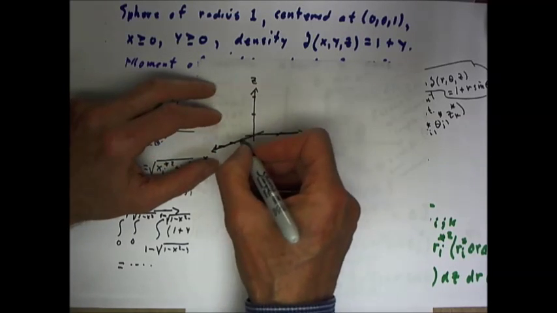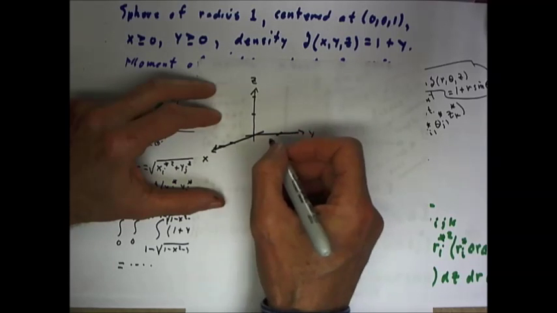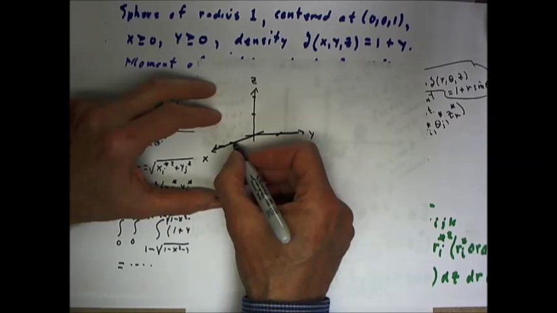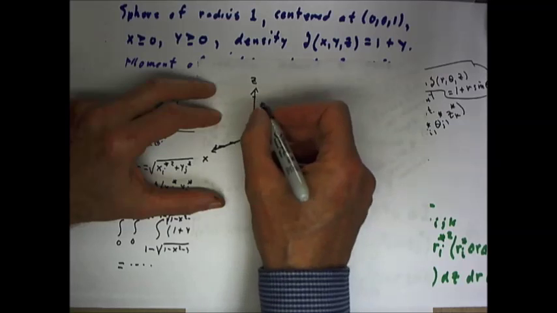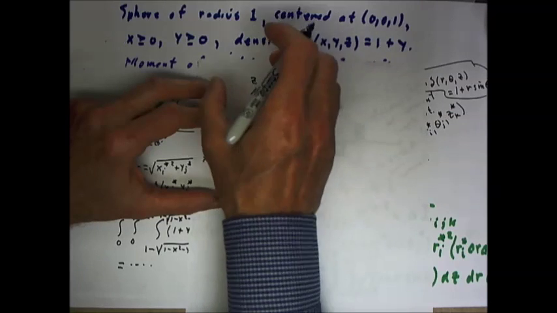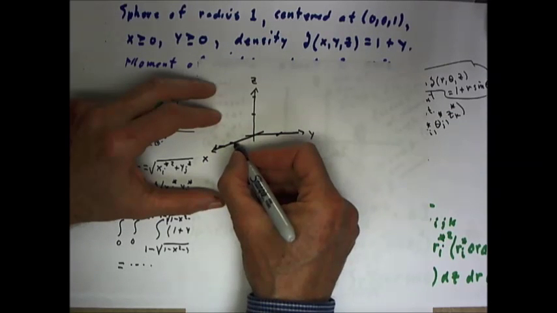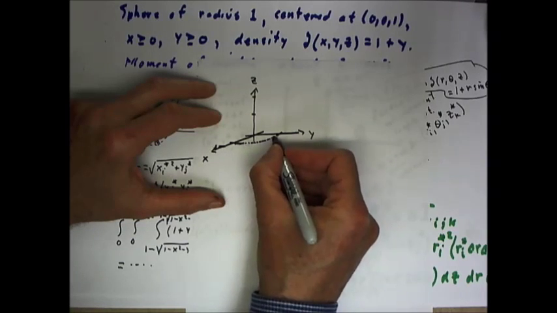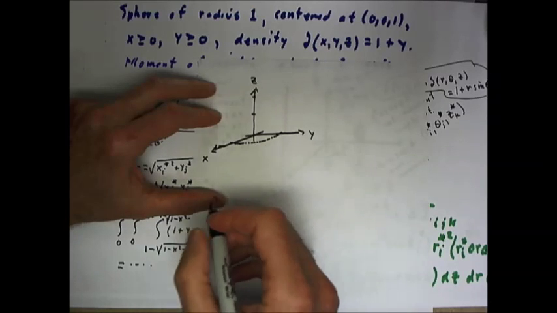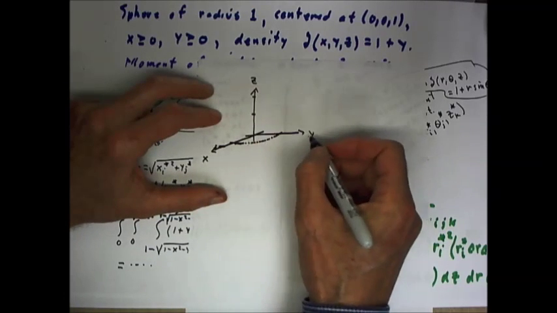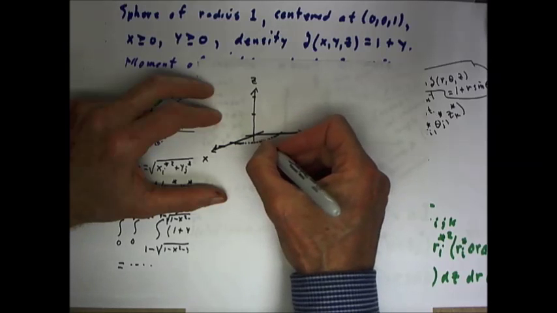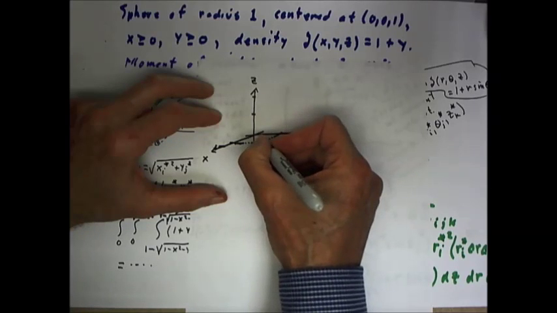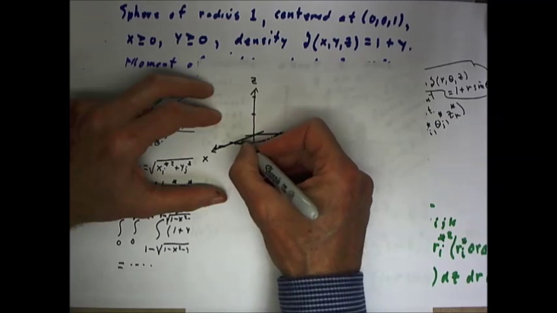So what we want to do now is think of this in terms of r, theta, z coordinates. So first of all, we know that our sphere lies above the unit circle down here in the xy plane. So I'm going to draw the boundary of this circle as it would appear from this perspective, and consider the partition.